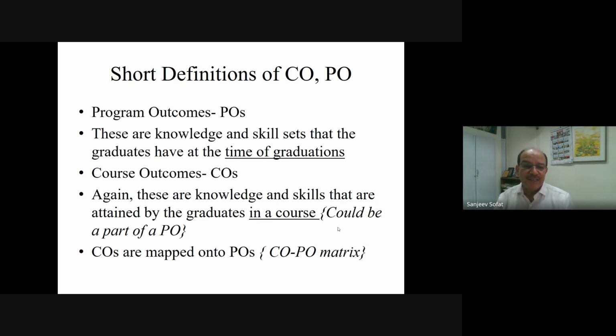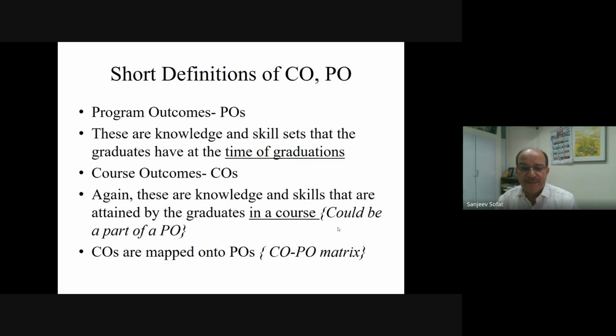Program outcomes are the knowledge, skills, and attitude I will have at the time of graduation. How do you take a student? He is a raw student who would have done 10th, in case he is to come for a diploma. In case he is to do engineering, he comes after plus two, appears for some testing in chemistry, physics, and maths, and then he is eligible to enter this particular system.